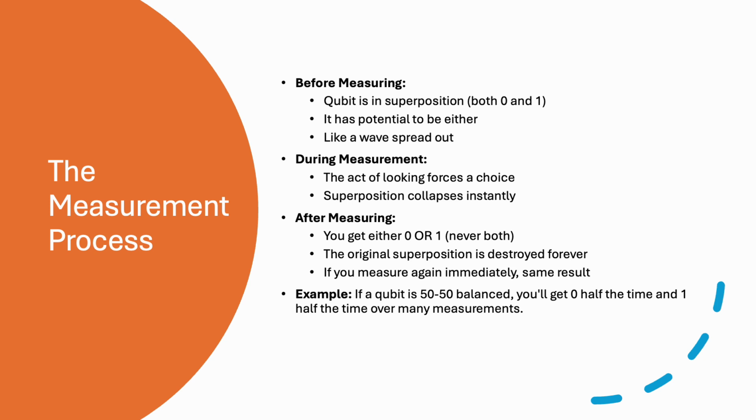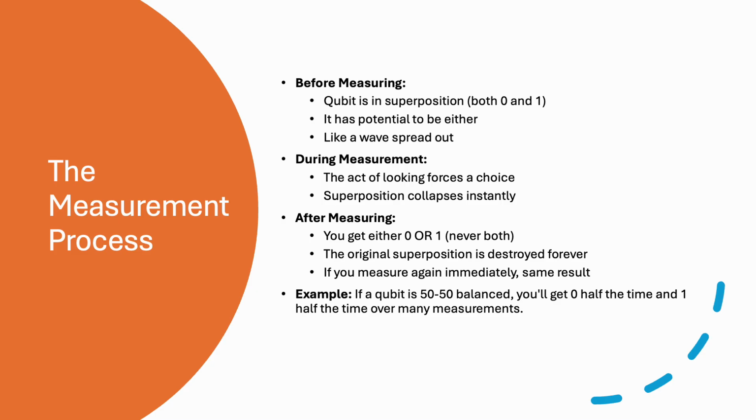Let's walk through this process step by step. Imagine you have a qubit in a perfectly balanced superposition, like the equal mixed state we discussed earlier. This qubit is genuinely both 0 and 1 before measurement. Now you measure it, what happens? And we have done this in our previous discussions, this sort of experimentation.